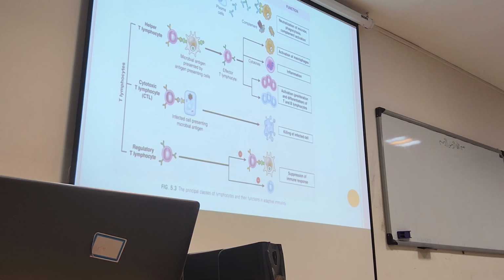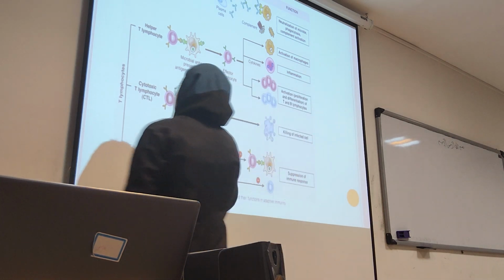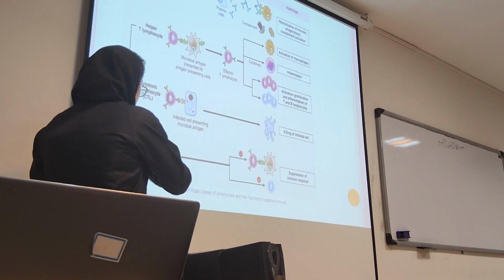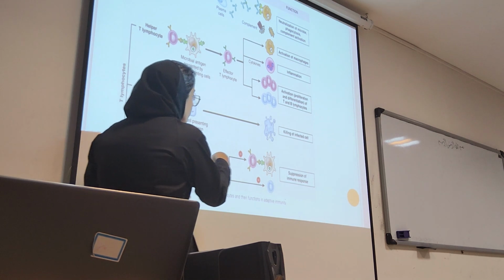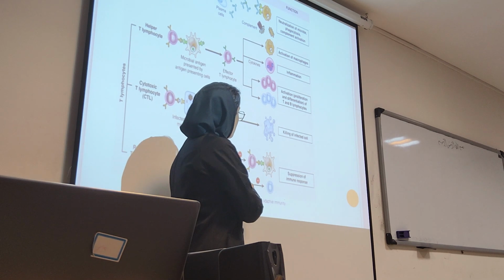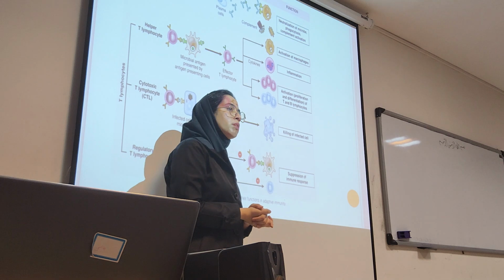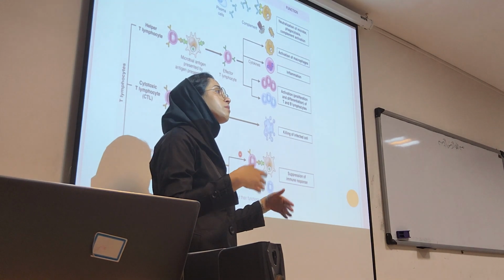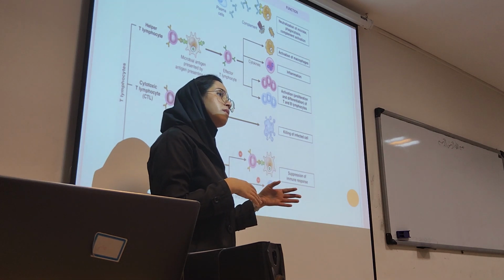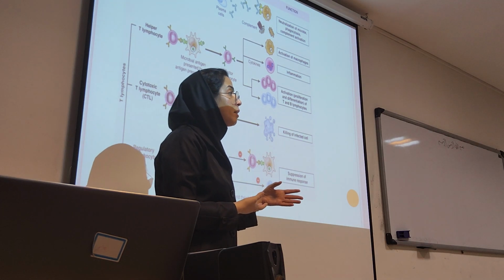So in cytotoxic T lymphocytes, we have the extrinsic pathway of activation of apoptosis. And we have some regulatory T lymphocytes. These regulatory T lymphocytes suppress the immune responses of both T and B cells. So we have activation of the immune system, and there should be some cells that suppress the immune system.